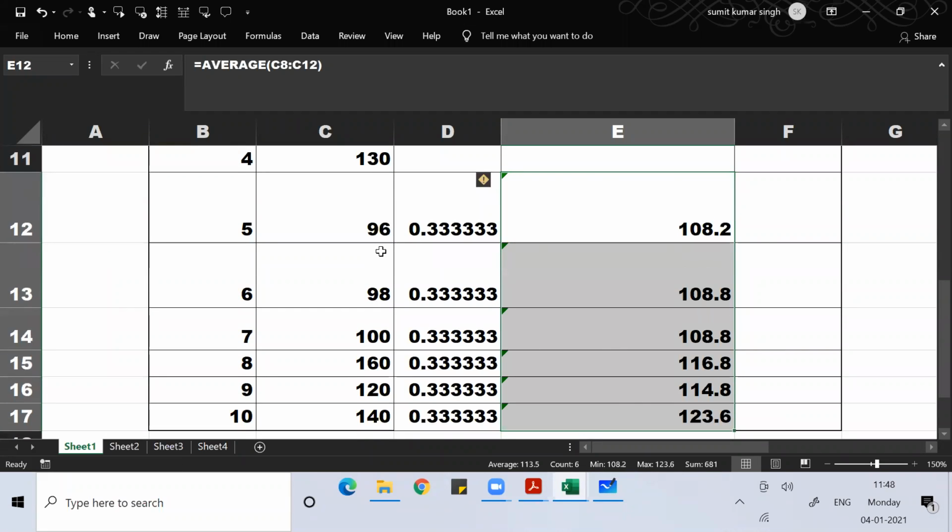Find the average of that. So this would be the 5 day simple moving average.